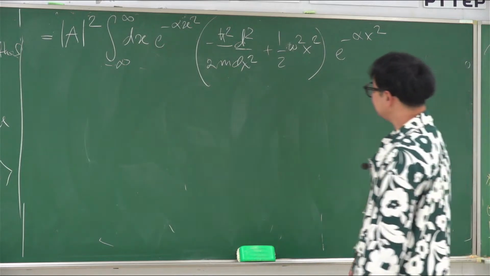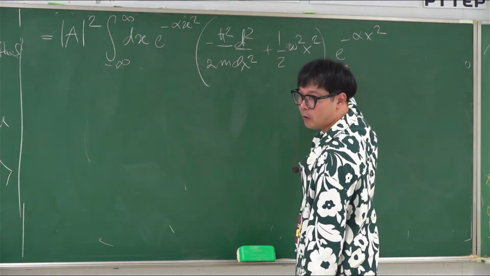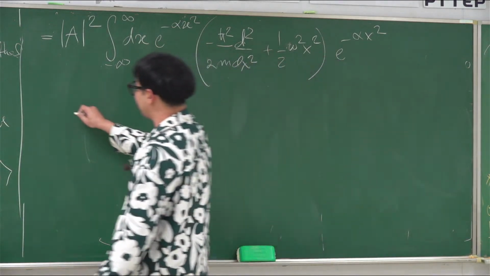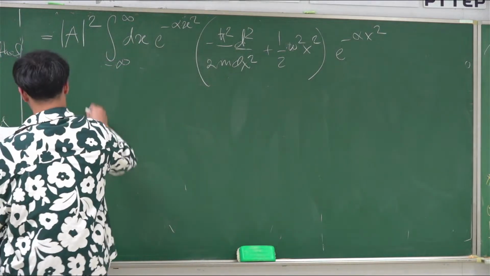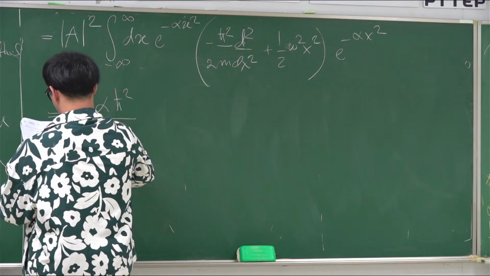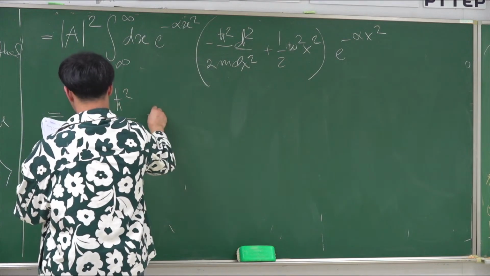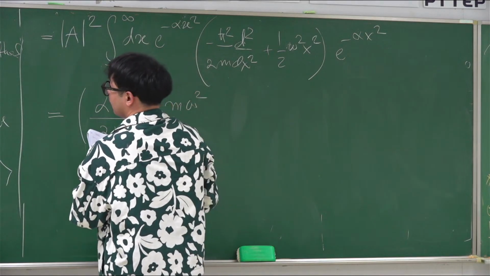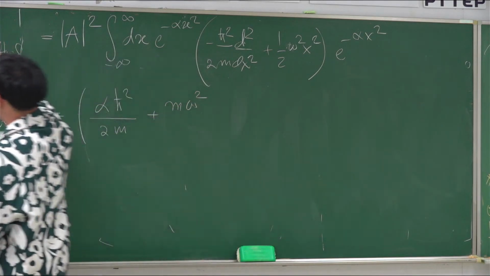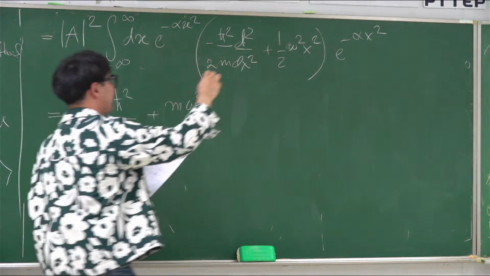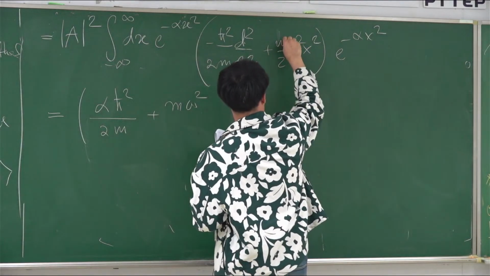Okay, so you just plug all this into the bracket, and then you will get alpha to m omega. Oh, I think I missed the m. Yeah, sorry, guys. We should put the m there.